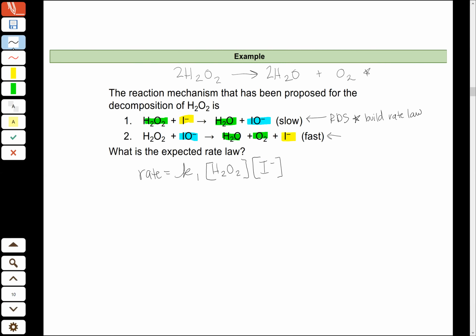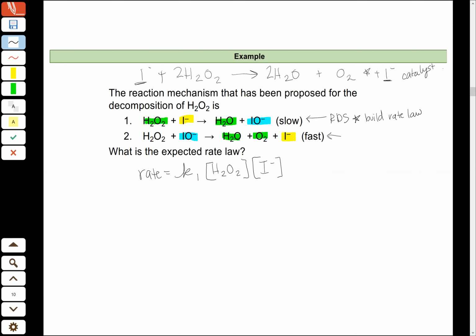One way that I could actually write that in my overall reaction up here is plus I minus and plus I minus. And we'll talk about this in our next topic in today's lecture, which is that I minus is actually a catalyst because it's present both at the beginning and the end. It isn't consumed, it's reformed.